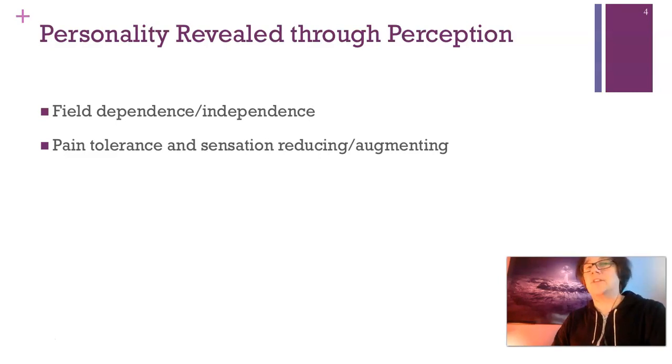And the first is this notion of field dependence versus field independence, and also this phenomenon, essentially people's tolerance to pain, and how pain tolerance is an example of people's inclinations, or their predispositions, for sensation reducing or sensation augmenting.